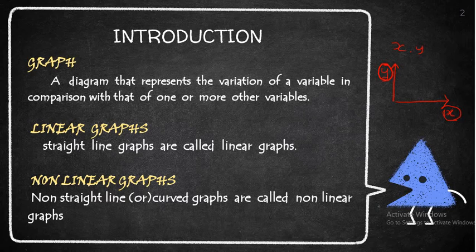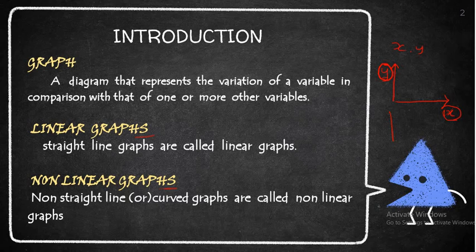Okay. And next, linear graphs. In graphs themselves, you will see a number of varieties. In this video, we will mainly see the linear graphs as well as the non-linear graphs. Then what are linear graphs? Linear graphs are nothing but straight line graphs. What do I mean by that?